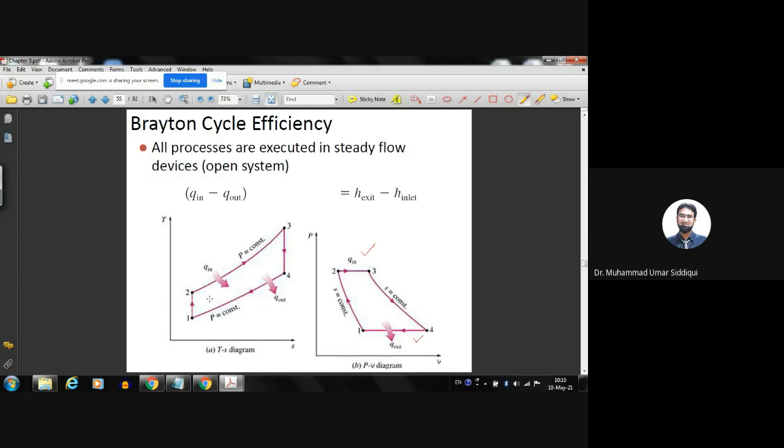On the TS diagram, we'll have two vertical lines, because we have two isentropic processes, isentropic compression and isentropic expansion, and they are connected together with the constant pressure heat addition and constant pressure heat rejection processes. This is just the review of what we already did in our last class.